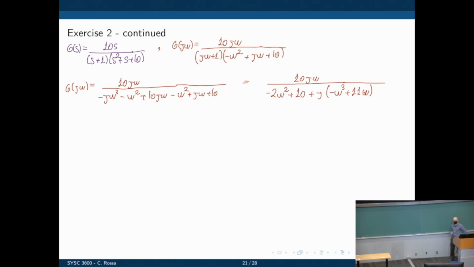Okay, so I just factored out j here and added everything up. There are a few steps here together.